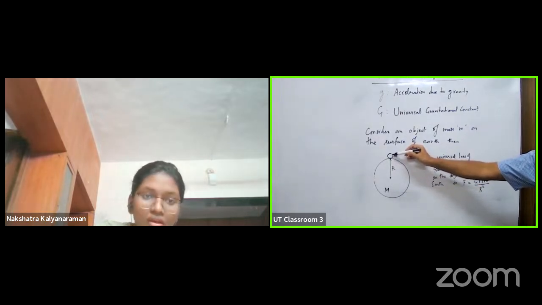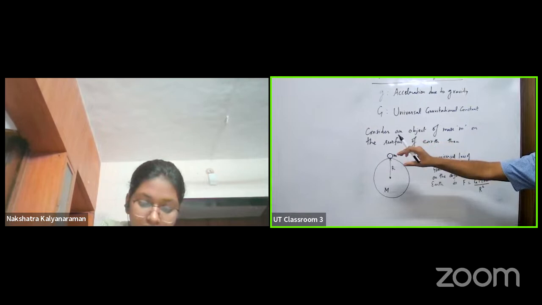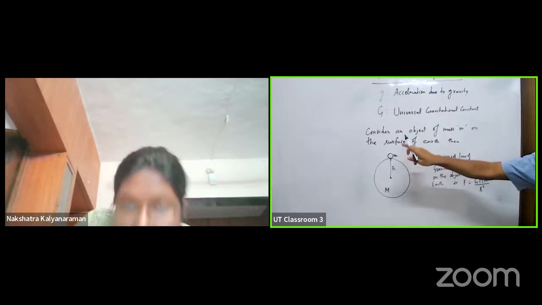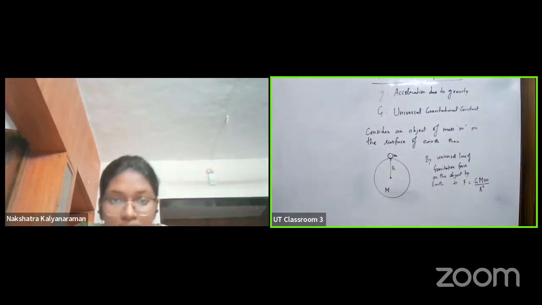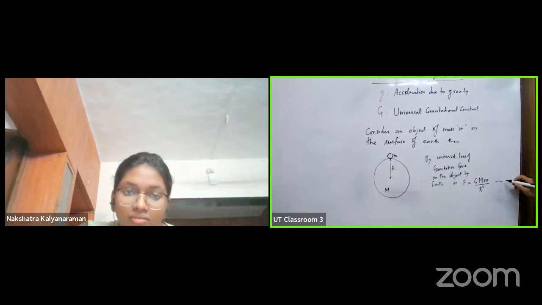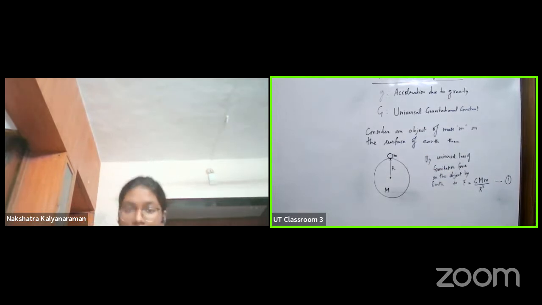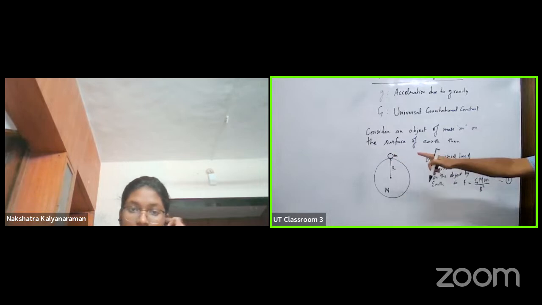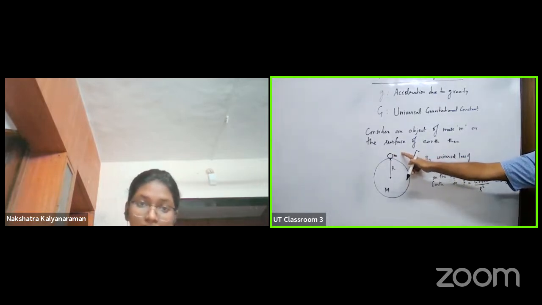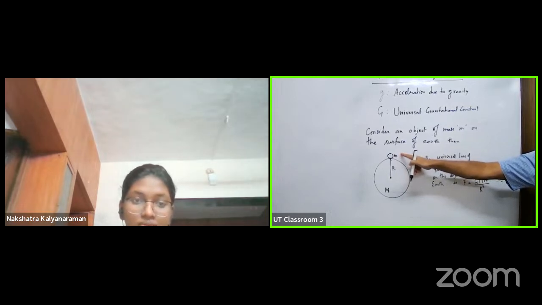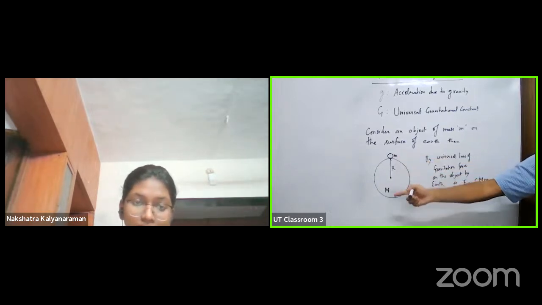This mass m is a very small object, so the distance is the radius of Earth. So this is equation 1. Also, the weight of the object is the force that Earth exerts on this object. So what is the weight of the object? mg.